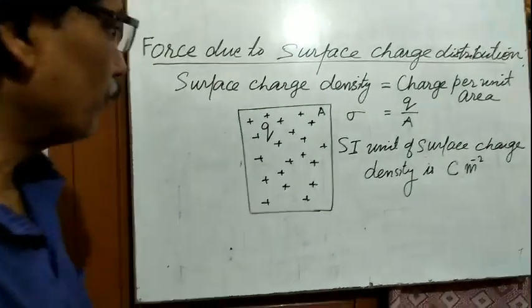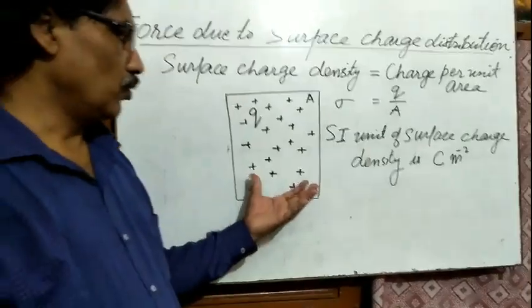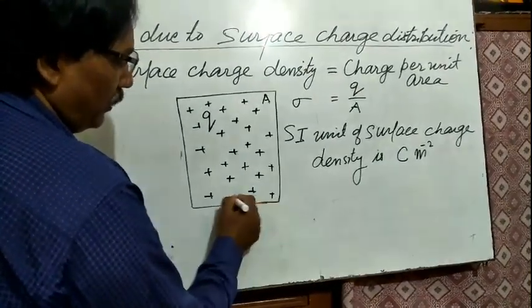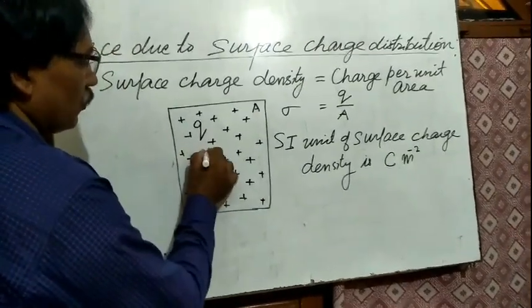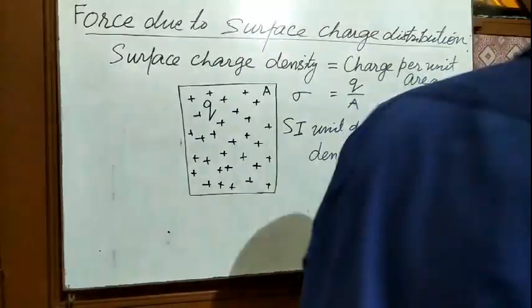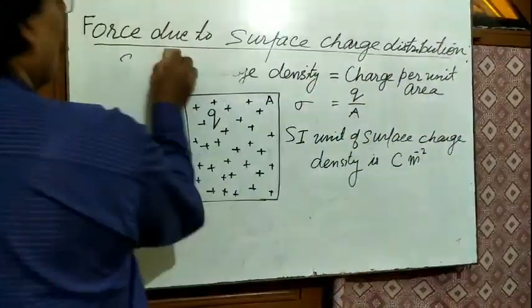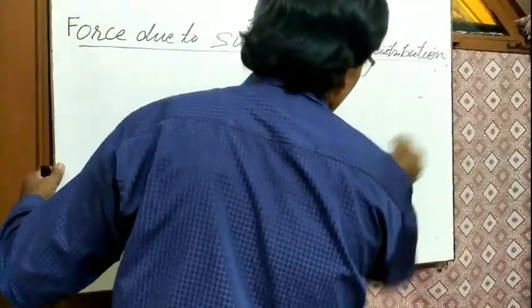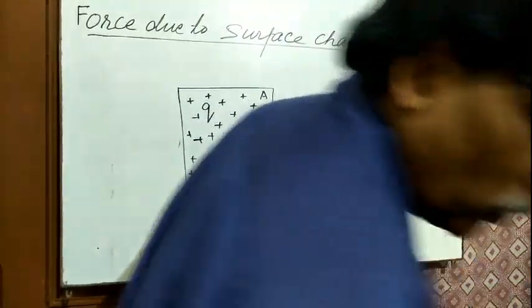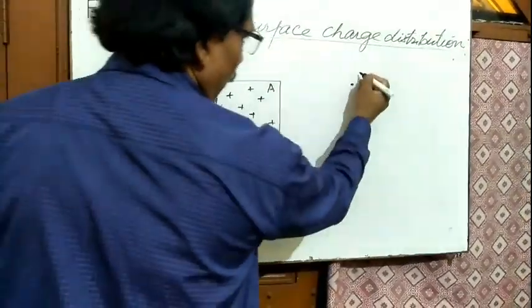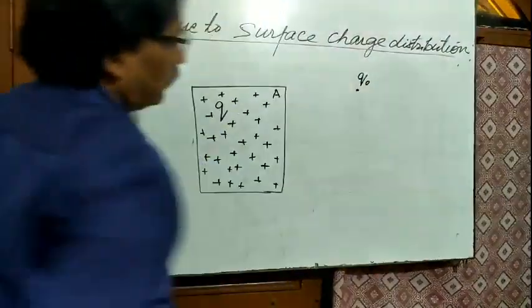Now we will find the force due to this uniformly distributed charge. We want to find the force because of this distribution of charge. For this, suppose here is a point, and at this point we have a charge Q naught.